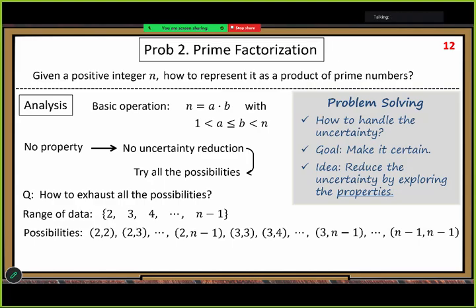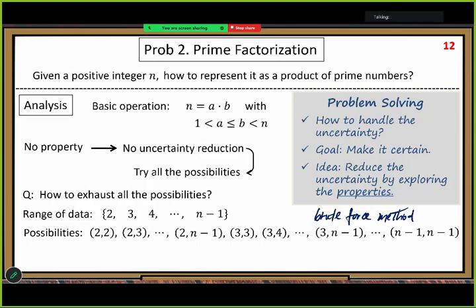So this method, later we call it the brute force method. It is the brute force method.